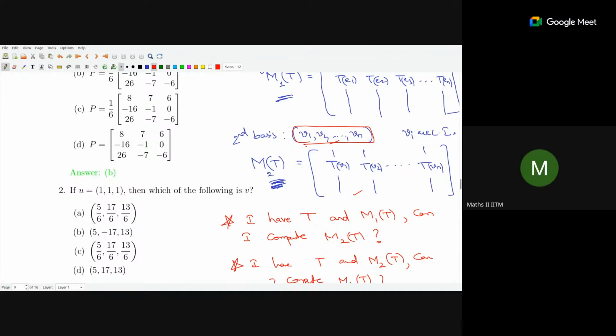It will use the matrix formed by V1, V2, ..., Vn, which are vectors. If you write these down as columns, they will form a matrix. This matrix, its inverse, and M of T in some combination will give you back the M1 of T. I am unable to recall the exact expression.